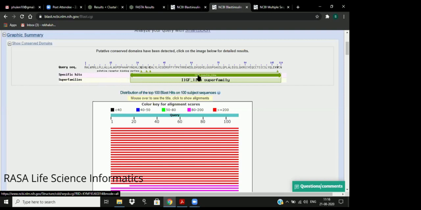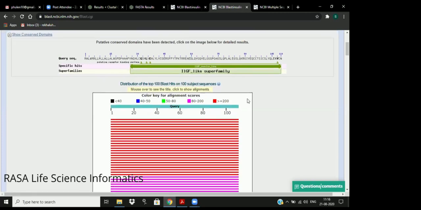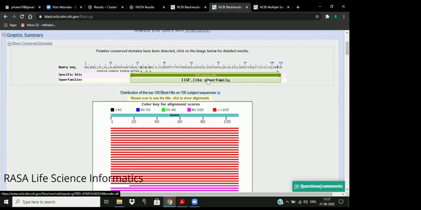Throughout, this is predicted on the basis of the IGF insulin-like family. Based on the alignment of your query with this family, the domain has been predicted. Secondly, it also tells you that your protein falls into the IGF-like superfamily.